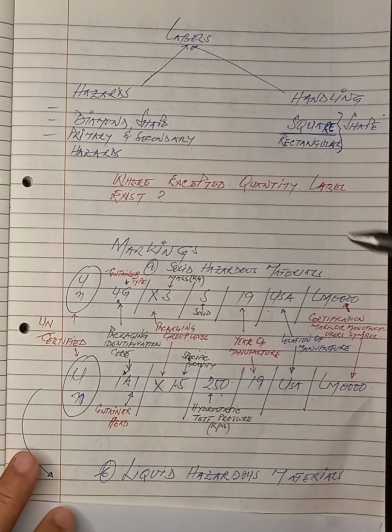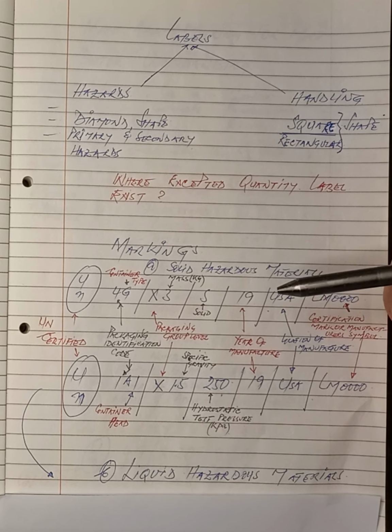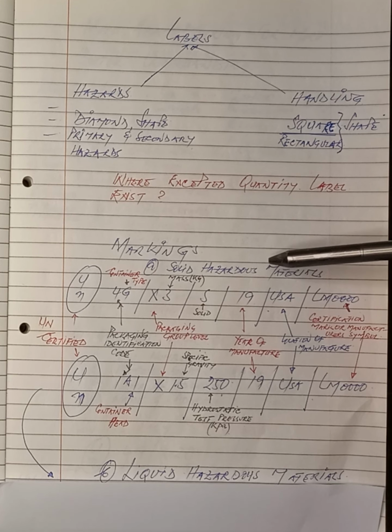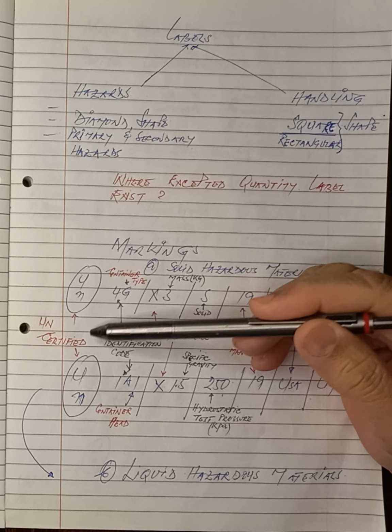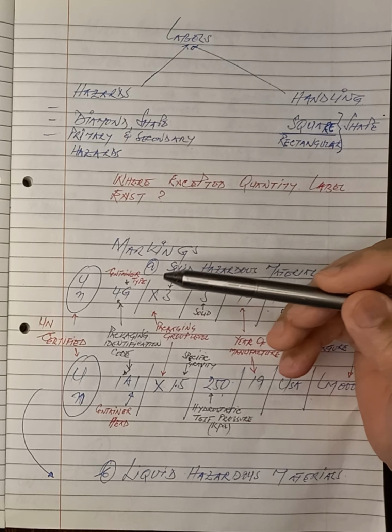As you can see, either we have a solid hazard material, or the liquid hazard materials. U over N meaning UN certified. This first digit represents the packing identification code.